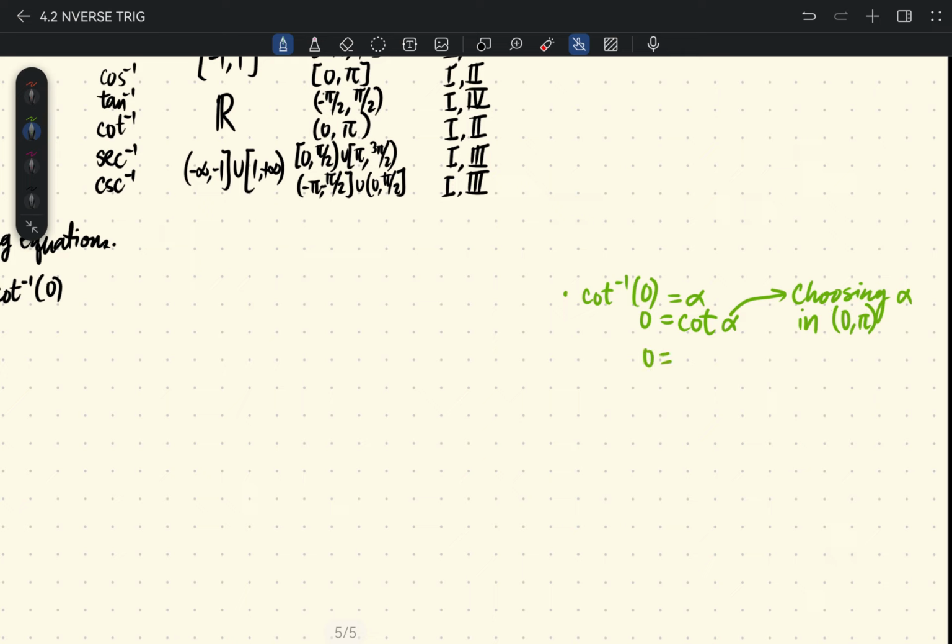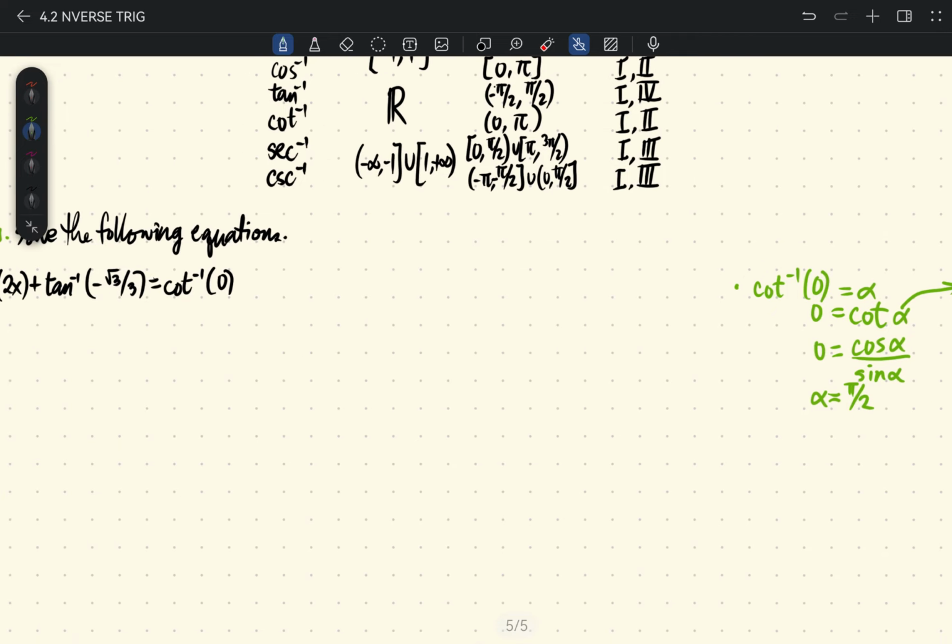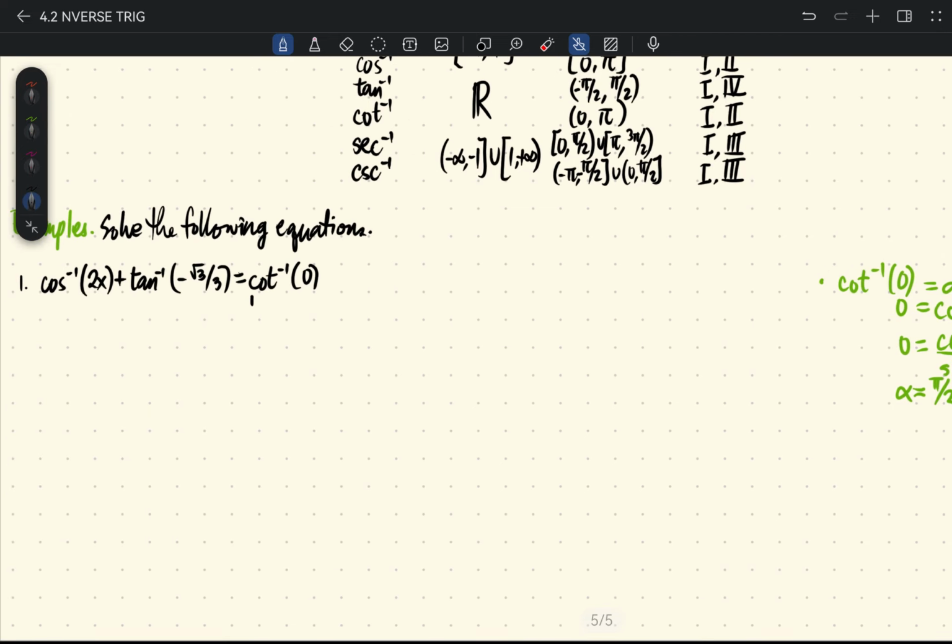This happens if 0 equals cosine alpha over sine alpha. And so this means that cosine alpha should be 0. And within this interval 0 to pi, cosine alpha equals 0 happens precisely if alpha equals pi over 2. So we have here pi over 2.